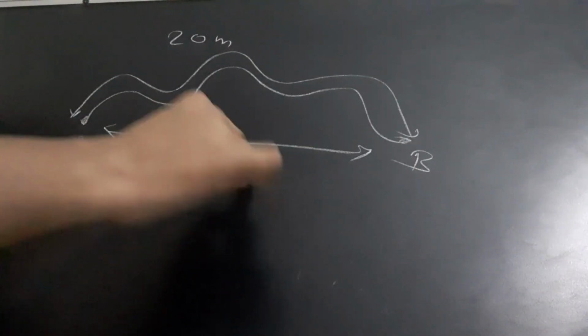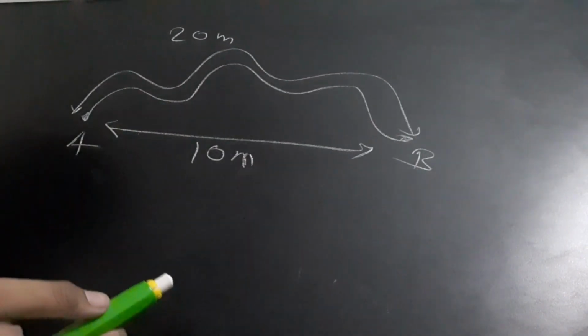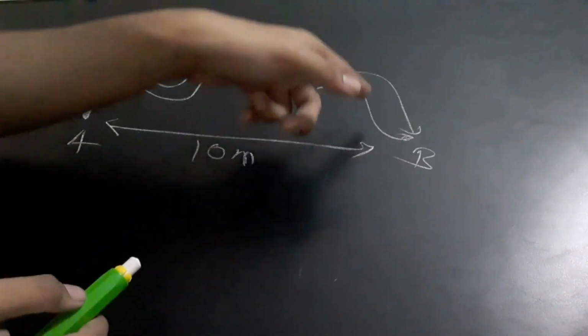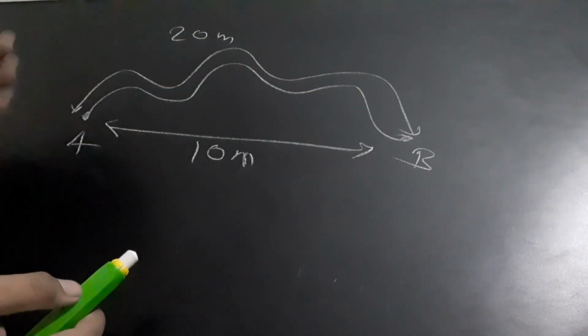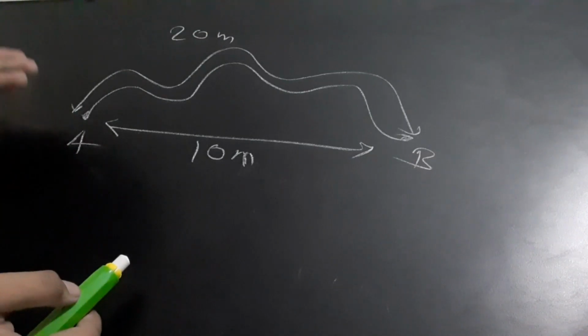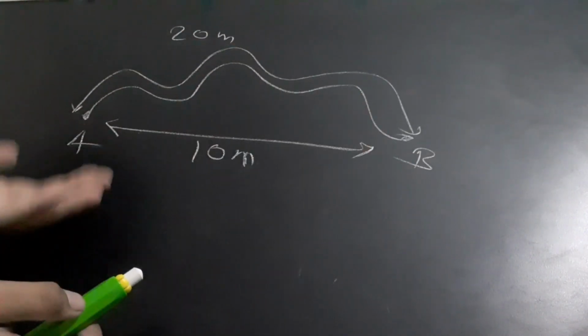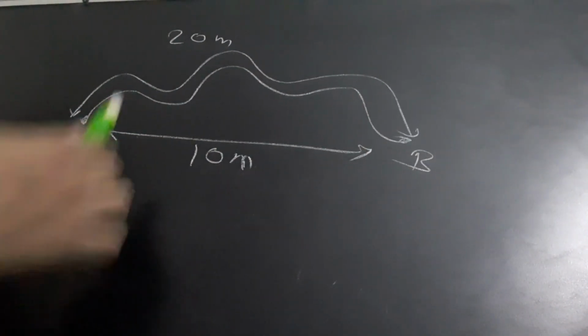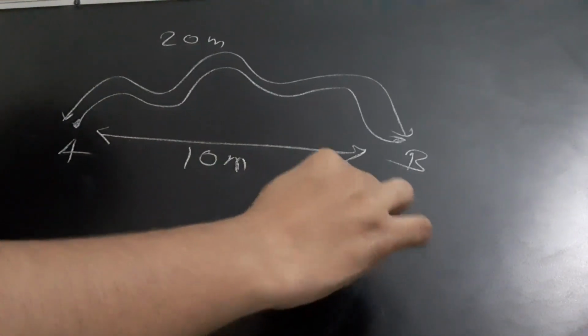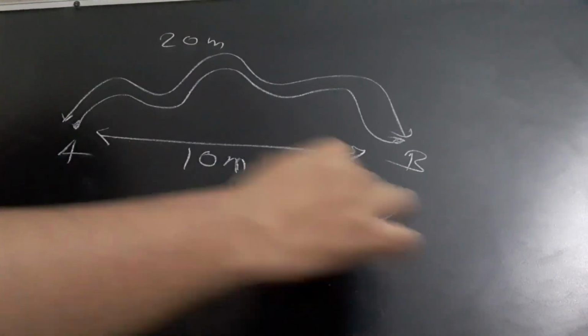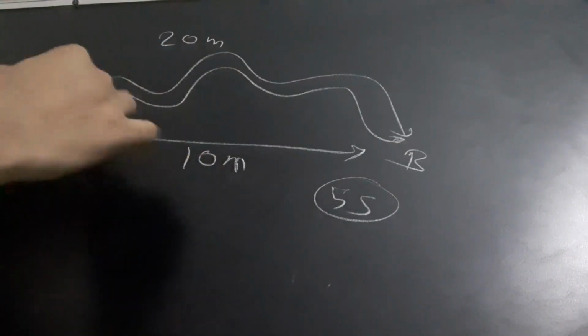The actual displacement, not what the particle has covered. The particle has gone from here to here, covering 20 meters. But the displacement, the difference in position of B and A, is 10 meters. And the particle takes a good 5 seconds to travel this distance and this displacement.